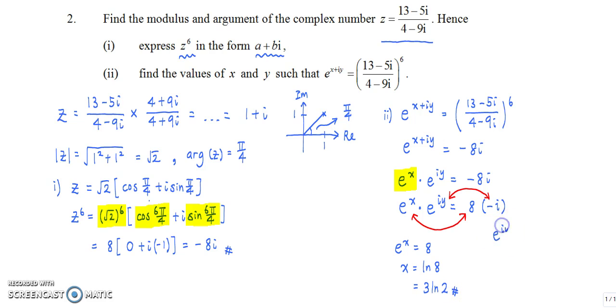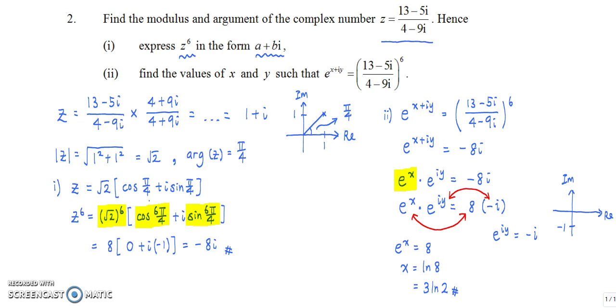When e to the power of iy is equals to negative i, again you can try to observe this from your Argand diagram. That negative i is somewhere here.